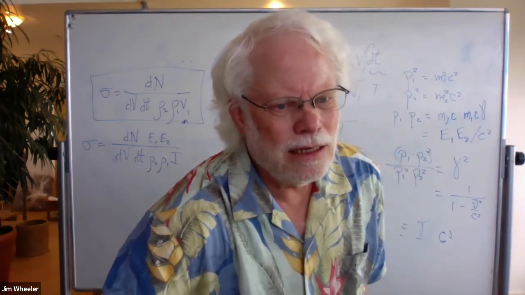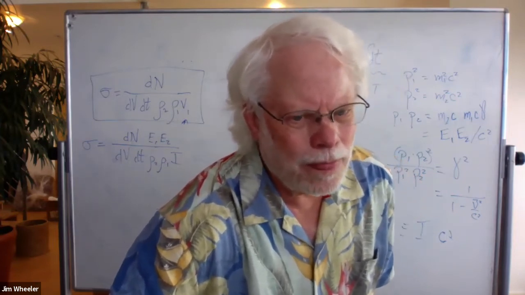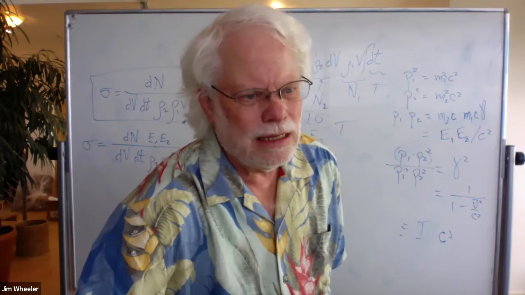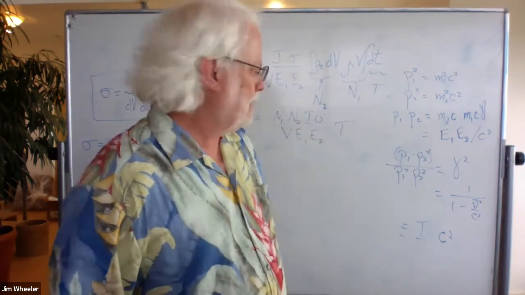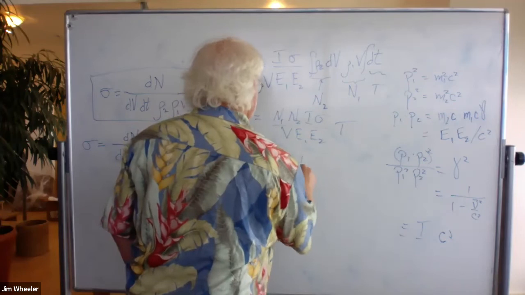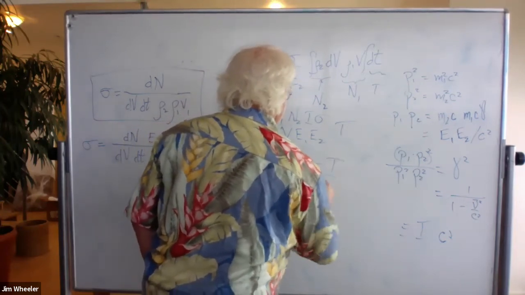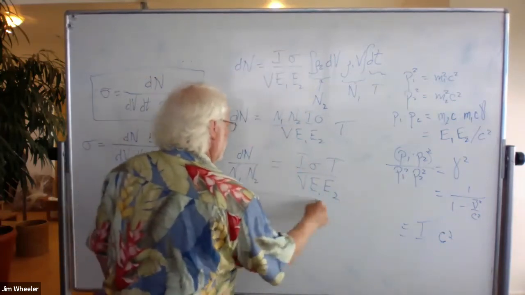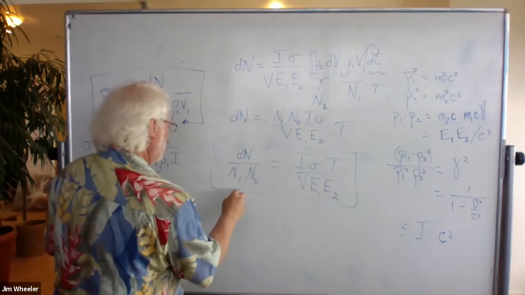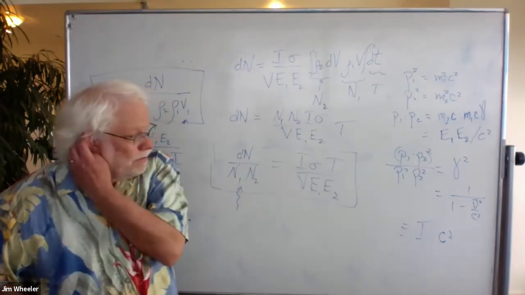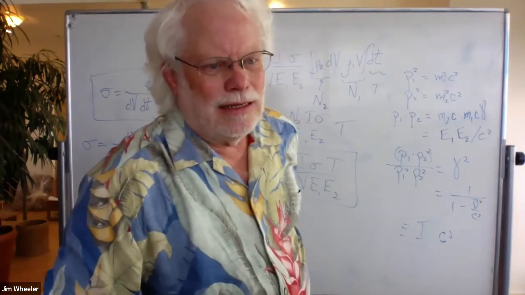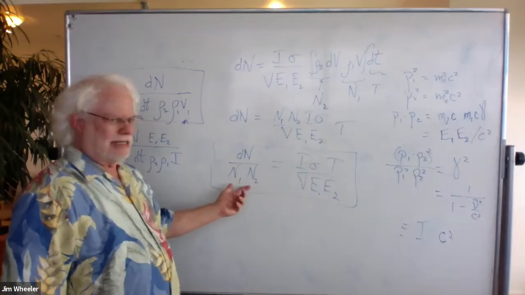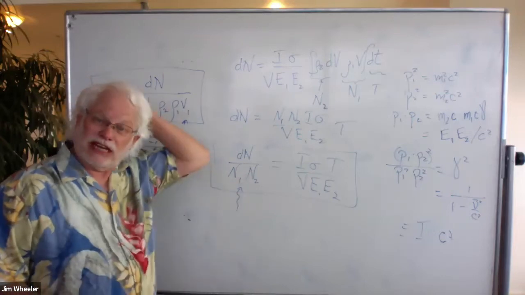Yeah, let's leave it this way, and have I sigma t over v, E1, E2. Okay, now this thing on the left though, this is really the probability of scattering. The number of scatters per unit incident and target particle is just the probability of scattering.